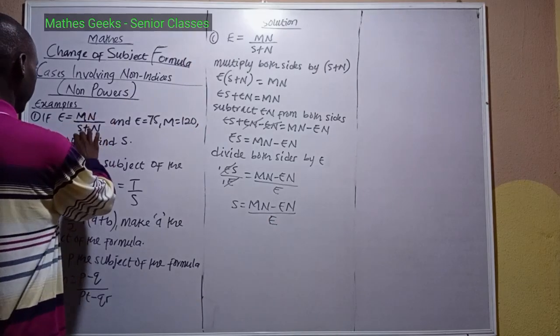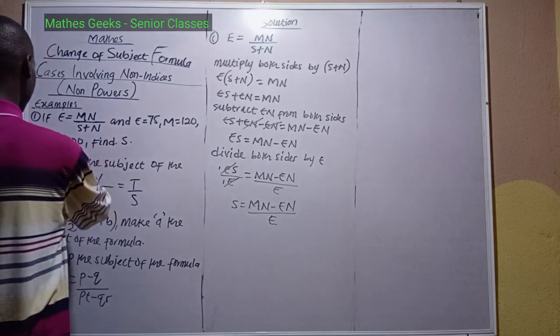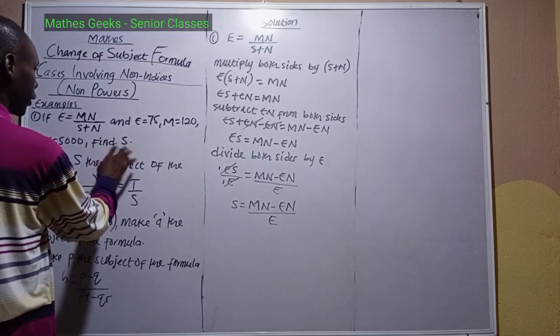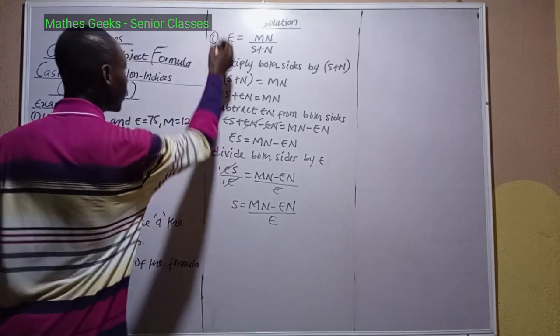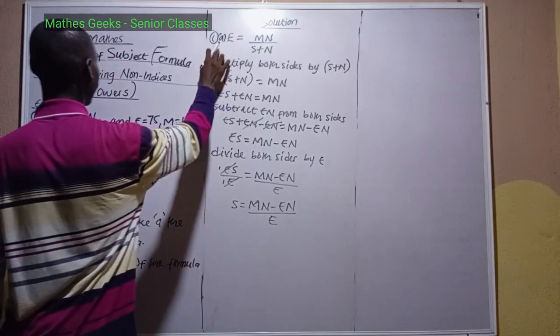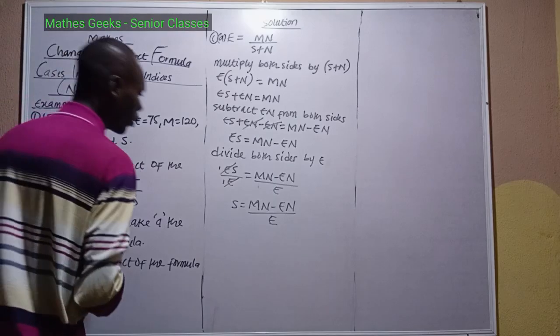If E equals N over S plus N, and E is 75, N is 120, N is 5,000, find S. This is the A part where we need S as the subject of the formula.